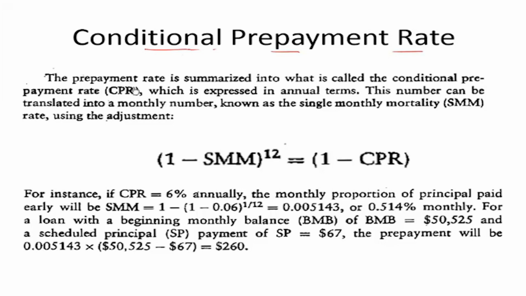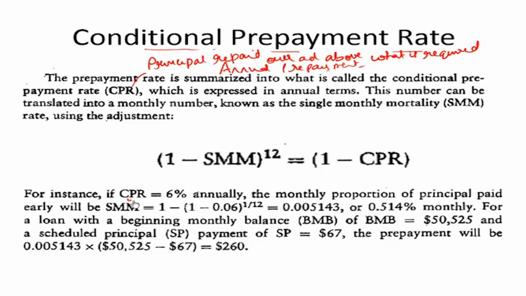So the CPR indicates that on an annual basis, what percent of the principal will be prepaid over and above the required repayment. So CPR is the principal repaid over and above what is required. That is, it is the annual prepayment.